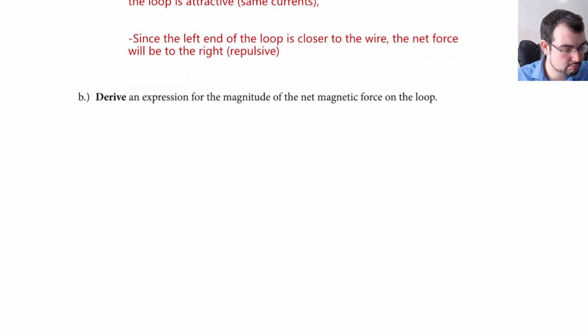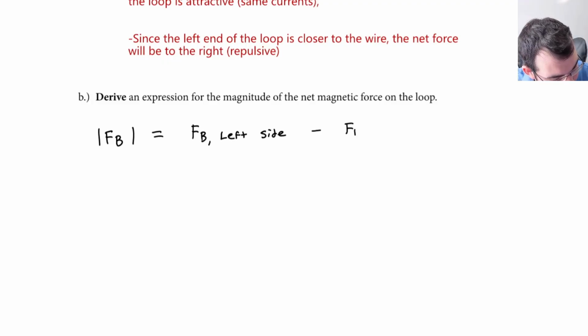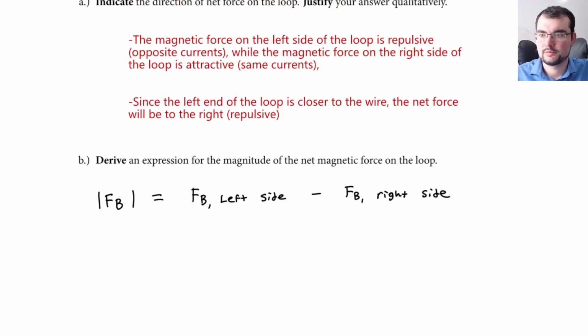So what is the magnitude of that force? Well, we know the magnitude of FB is going to be FB on the left side minus FB on the right side, because the left side wins.